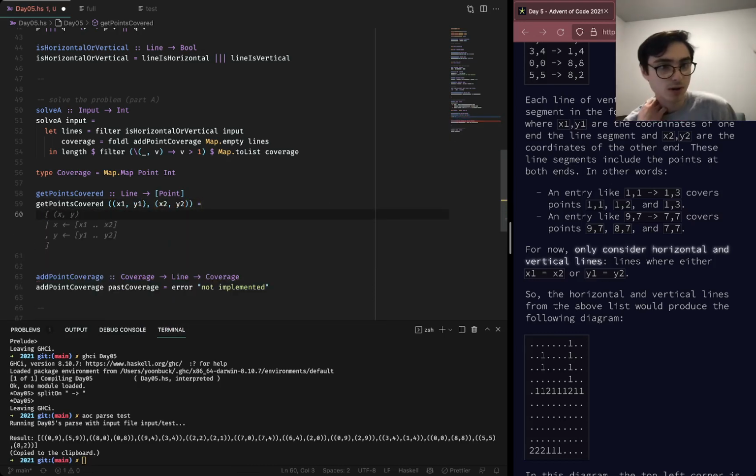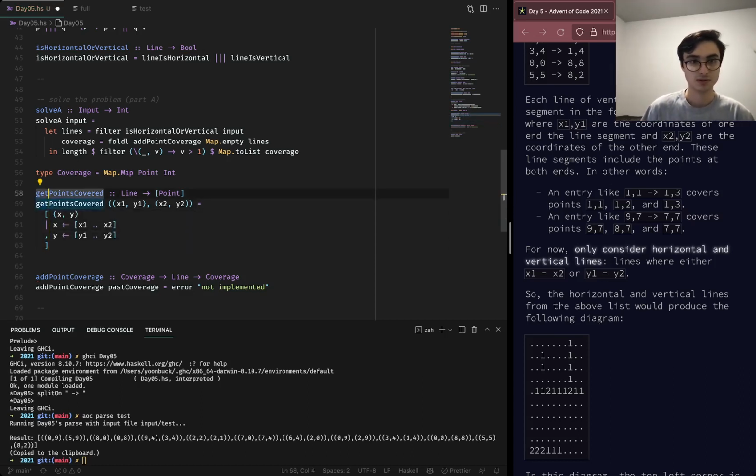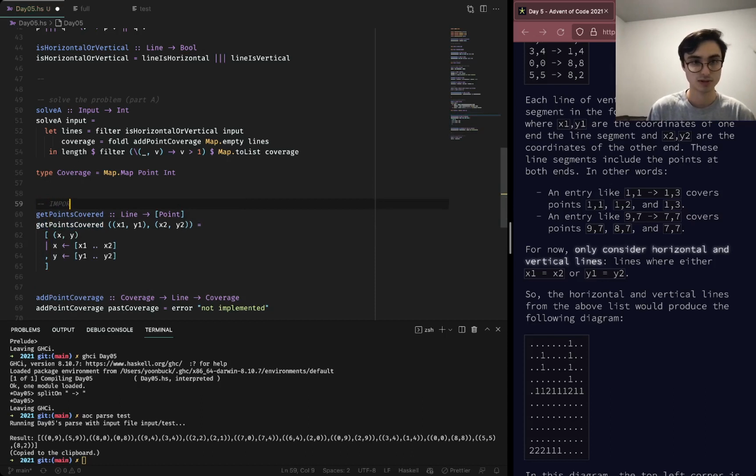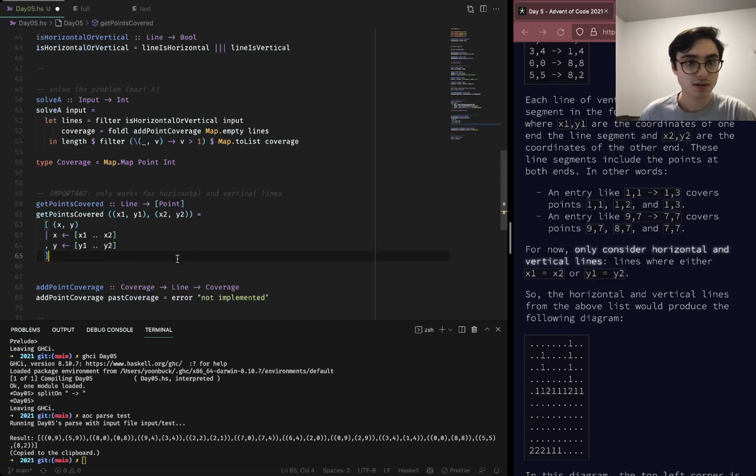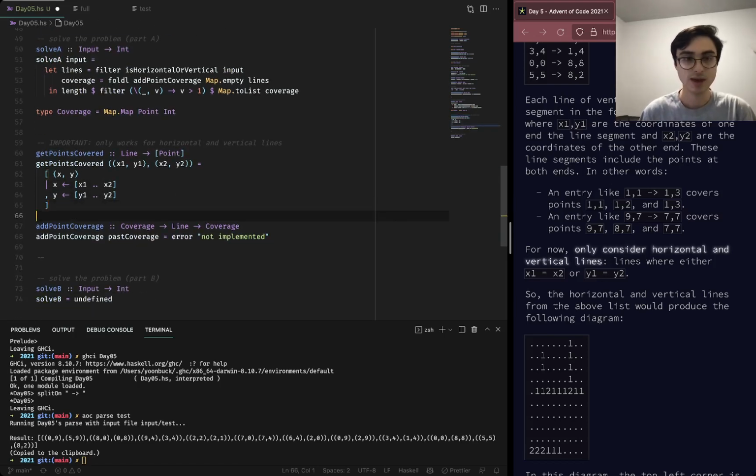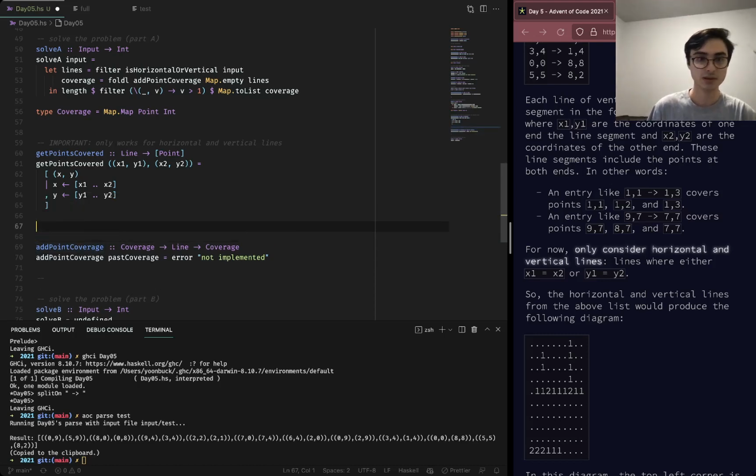So I think this will work. This is sort of naive, so let's say importantly it only works for horizontal and vertical lines. And then instead of add point coverage, let's call this add line coverage.